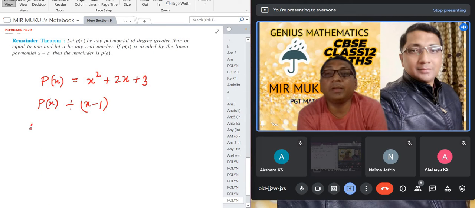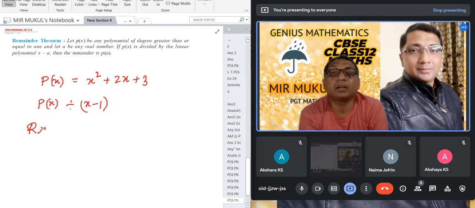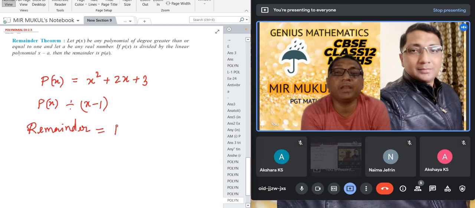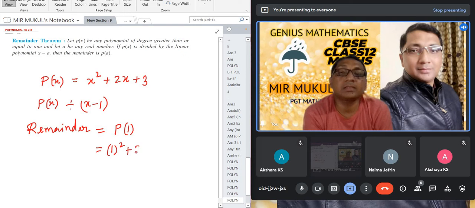So what remainder will you get? No need to divide. According to the remainder theorem, the remainder will be P(1). P(1) means in place of x you put 1, so 1 squared plus 2 into 1 plus 3.